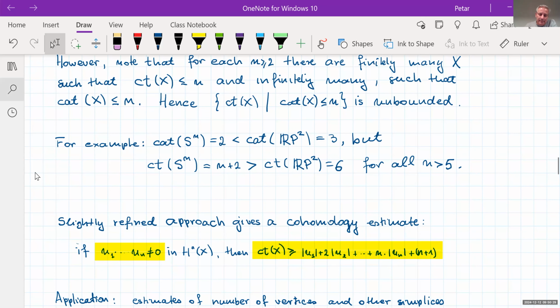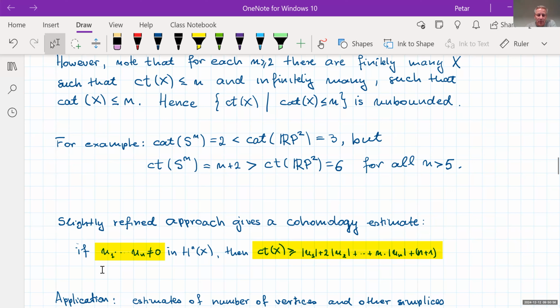So by slightly adapting the previous argument on category, we also get a similar cohomology estimate. If you have a non-zero product, then it turns out that the category of X is at least this sum: the dimension of one element, then twice the dimension of the second one, and so on, plus n plus 1.